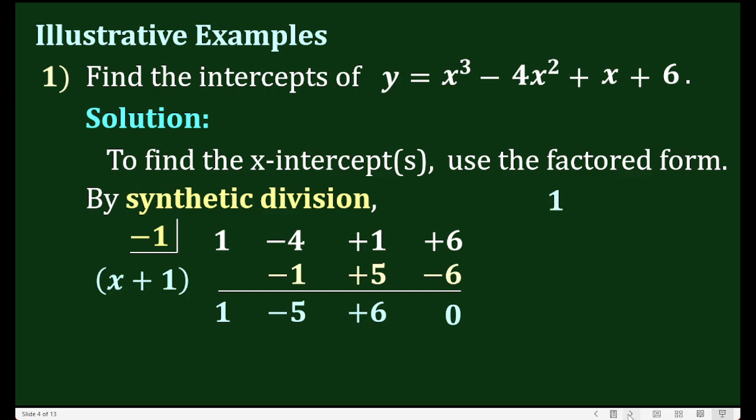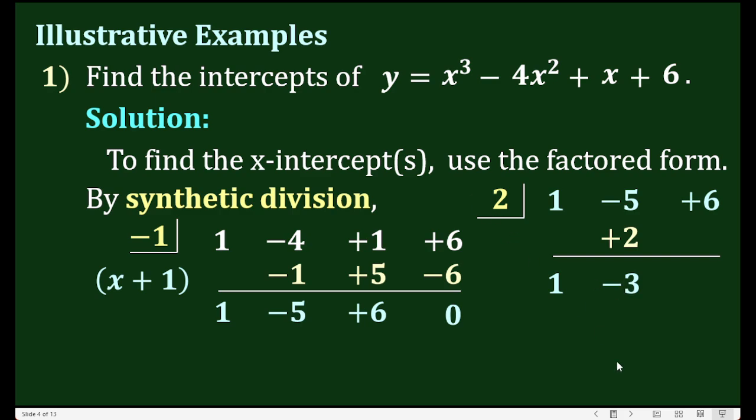Next, to go on with the synthetic division, this time we consider this row of 3 numbers: 1, negative 5, plus 6. We consider another root, which is also a factor of 6. Since we have already tried negative 1, this time we try the next one, positive 2. Bring down 1, times 2 is plus 2, added to negative 5 is negative 3.